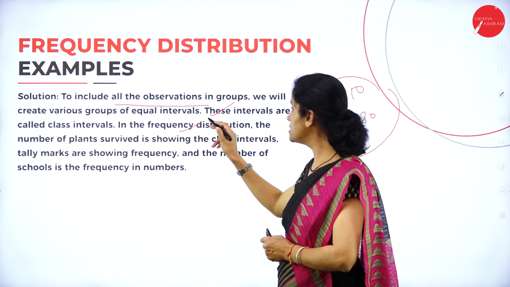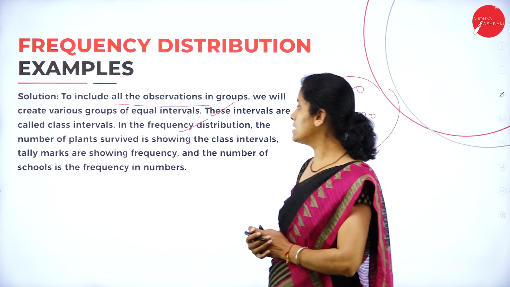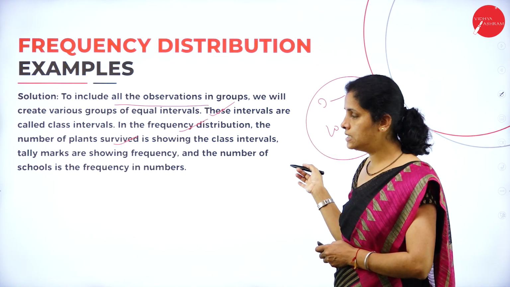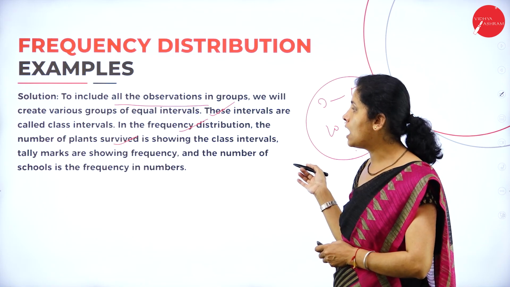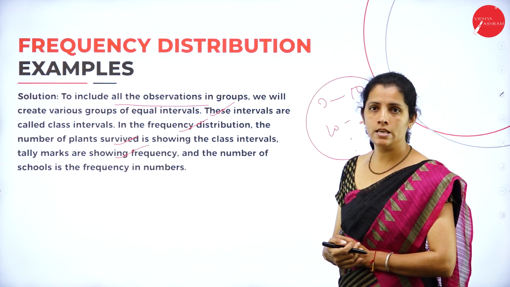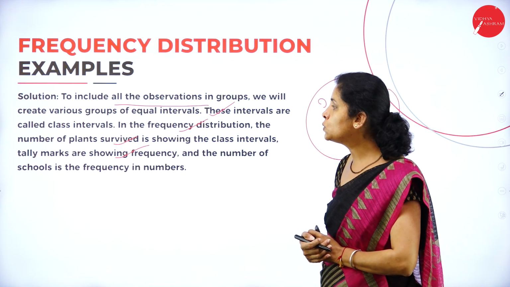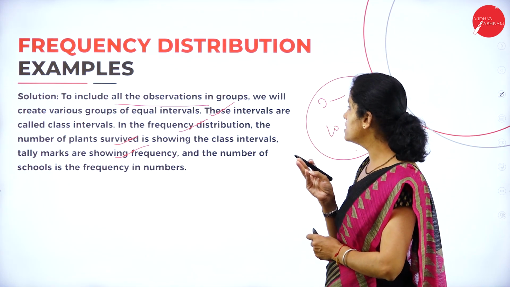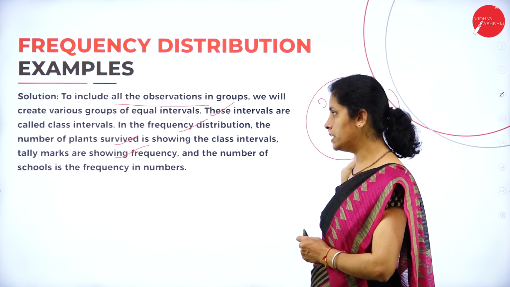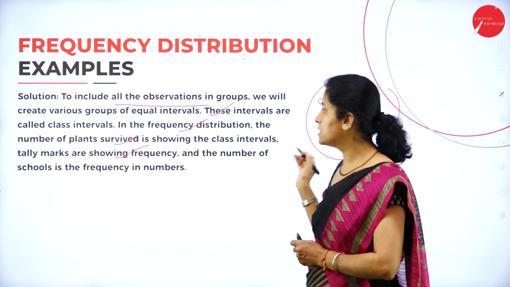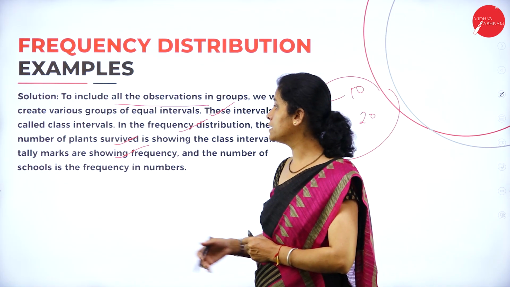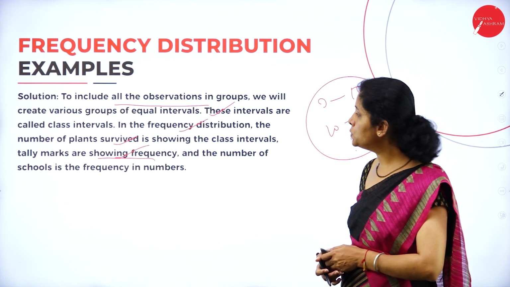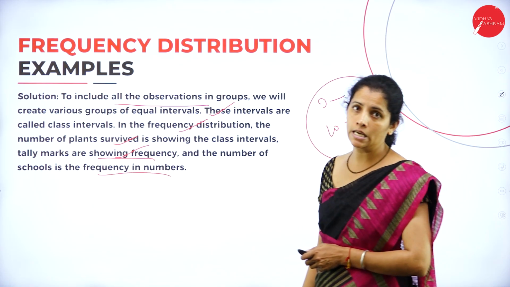In the frequency distribution, the number of plants survived is shown by the class intervals, tally marks show the frequency, and the number of schools is the frequency in numbers. So there are 3 columns: one is the class interval, another is the tally marks, and another is the number of schools, that is the frequency in numbers.